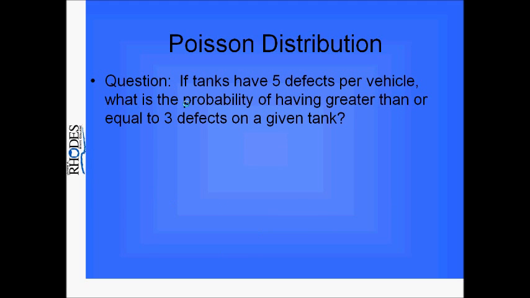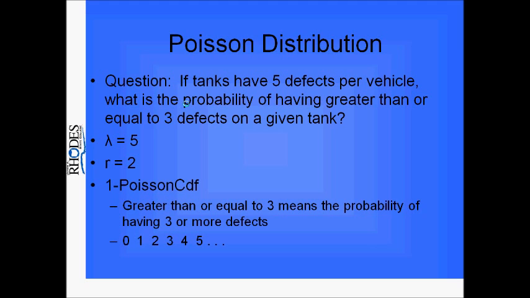Okay. If a tank has 5 defects per vehicle, what's the probability of greater than or equal to 3? So now we've got to use an R of 2. Why is that? Let's draw it out again. Greater than or equal to 3 means 3 or more. So I draw my little blue box around the probability I want.